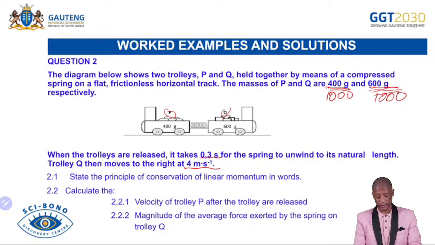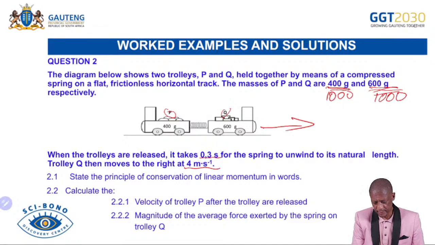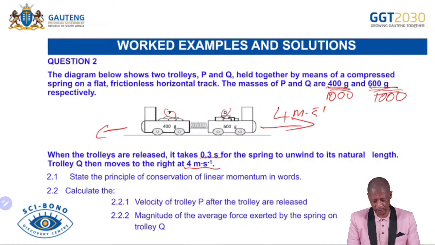So we are told it's only this Q that will move to the right, right? It moved to the right with a speed of 4 meters per second. In other words, we don't know the speed of this one as they separate, right?